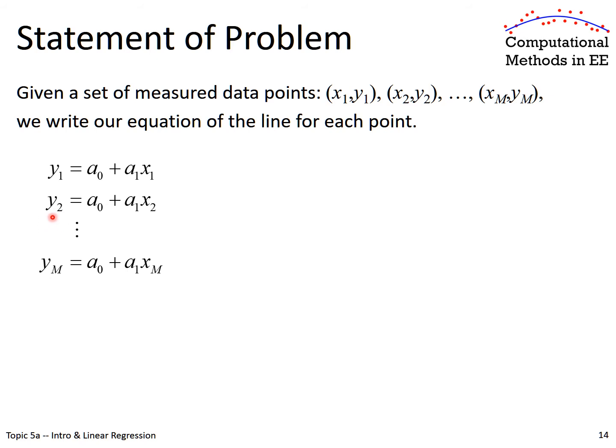But then we go to our second point, and we have a 2 subscript on y, 2 subscript on x, but the A0 and A1 stay the same. So it's the same equation for the line. We're just putting in the x and y coordinates for each of our measured samples separately. And we get a huge list of equations. If we have 20 points, we'll get 20 equations of a line.